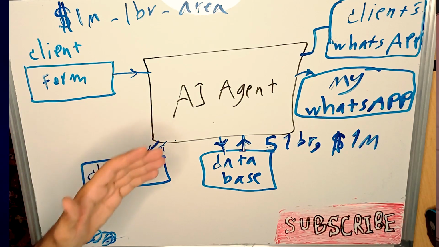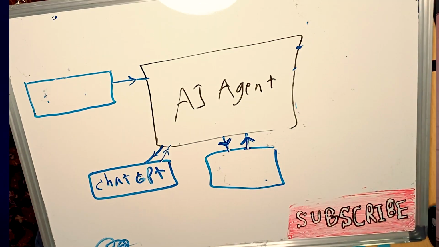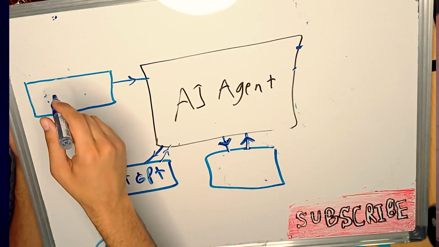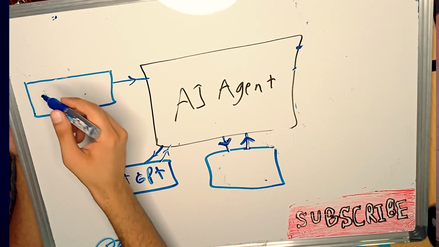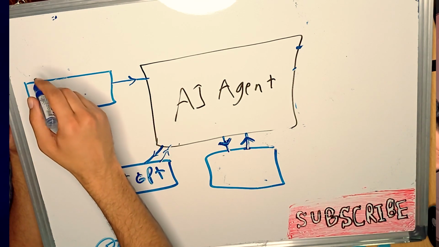Okay, you don't have enough time to post every day on Instagram, so you can just do this. Ask AI agents to read about your industry, like real estate, and every single day make a video about it. Let me show you here. Imagine you're asking AI agents to create content for you. This is, I don't know, some newsletter or web page in the real estate industry in your area.